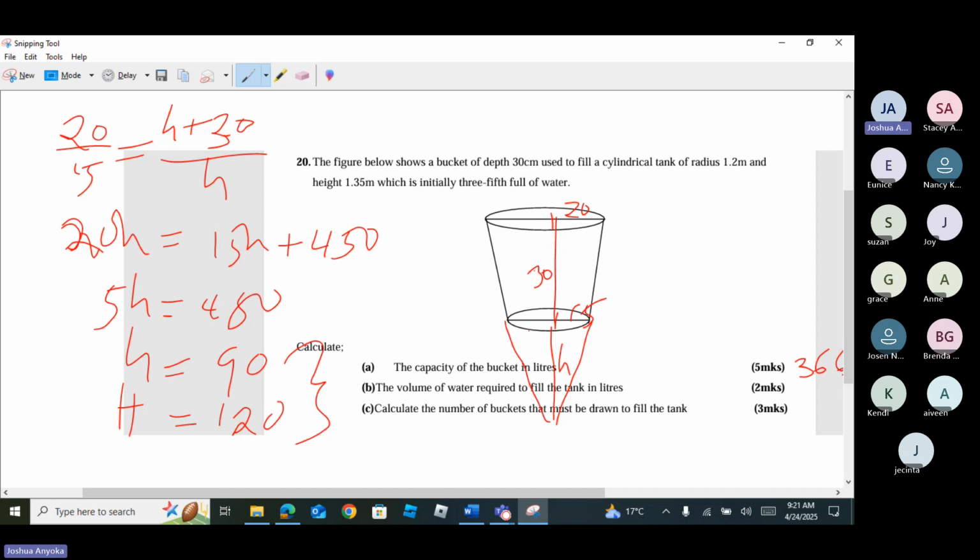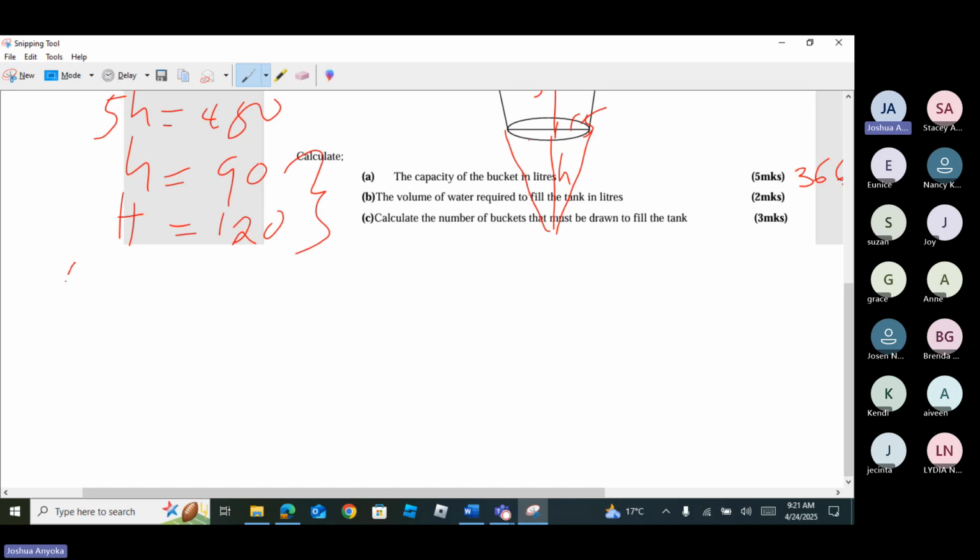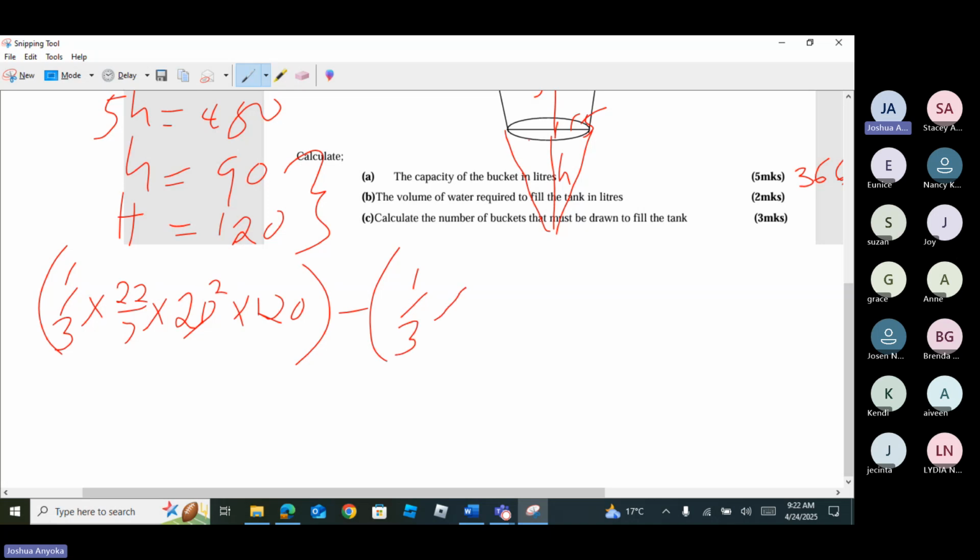And now volume will be equals to a third pi r squared, 22 over 7 times r squared 20 times the height 120, minus a third times 22 over 7 times 15 squared times 90, and then we get the answer in cubic centimeters.